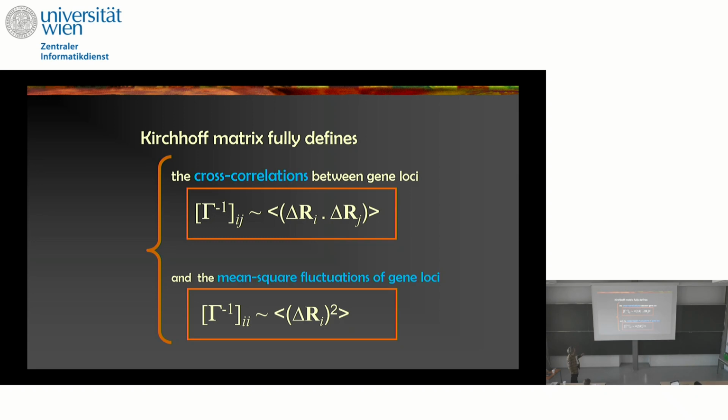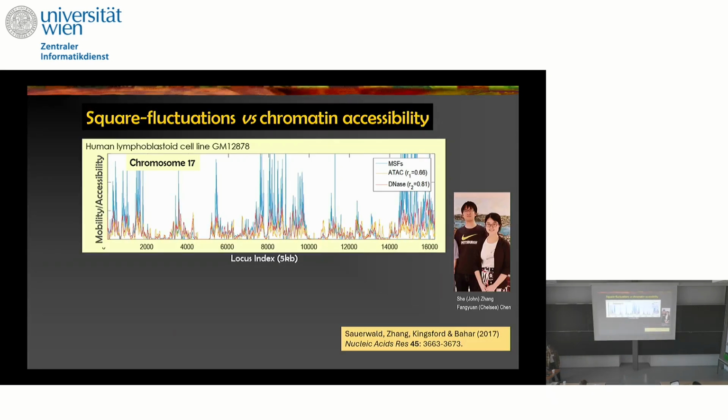The inverse's ijth element refers to the covariance of the nodes I and J, gene loci I and J. It tells us how much those two gene loci are correlated. And then the diagonal term tells you about the fluctuation size, motion, spatial displacement.